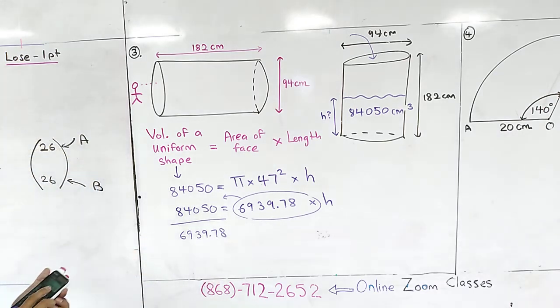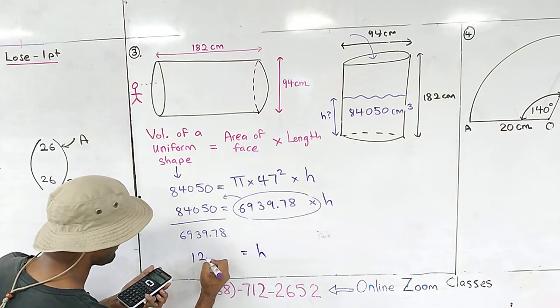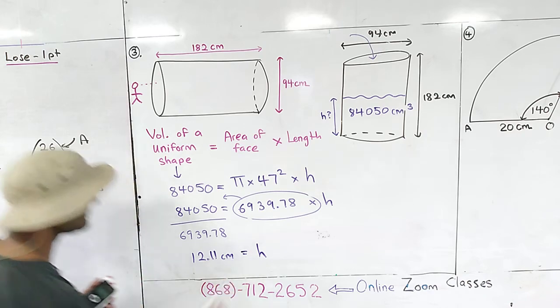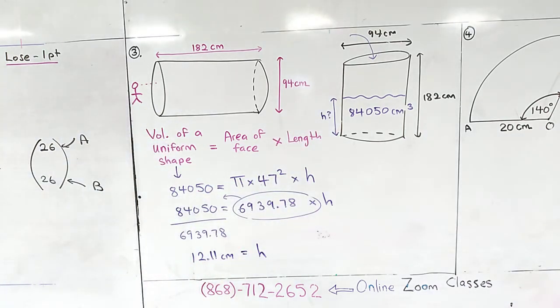Let's divide these two things. 84050 divided by 6939.78. We're getting the height to be 12.11 centimeters. So the height of the water inside there is 12.11 centimeters.